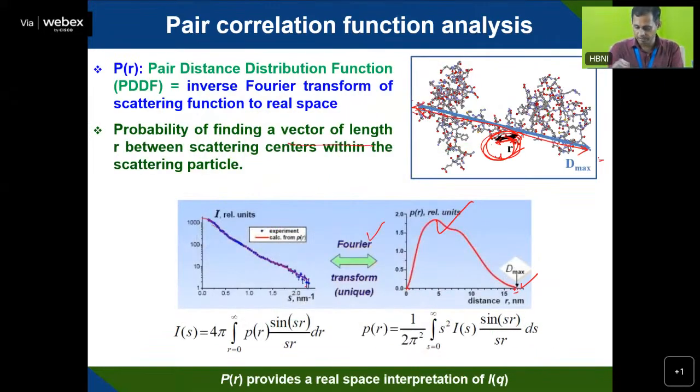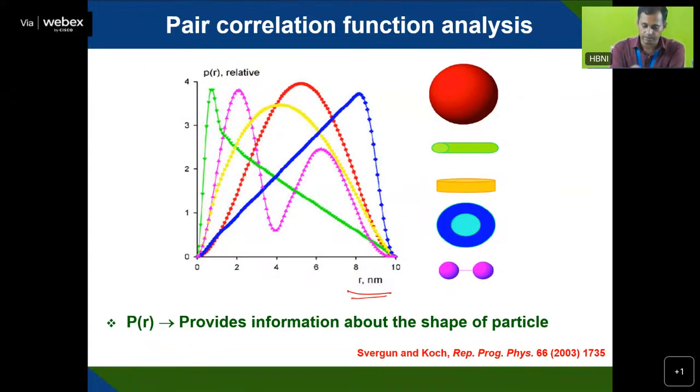If you plot r with respect to P(r), in the case of a sphere, the red one, you get a highly symmetrical curve, which indicates a sphere shape. But in the case of a cylinder, you get a sharp peak and then it decreases monotonically. In the case of a dumbbell, you get two peaks, two pair correlations: one probability of finding this, another maybe this.